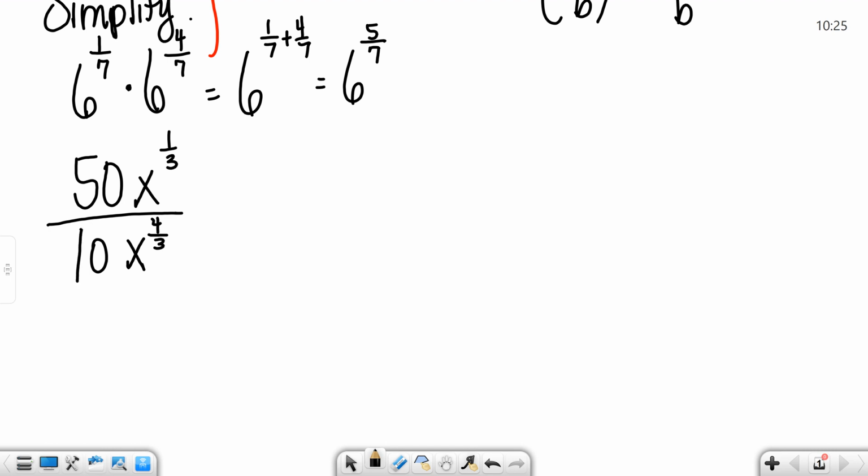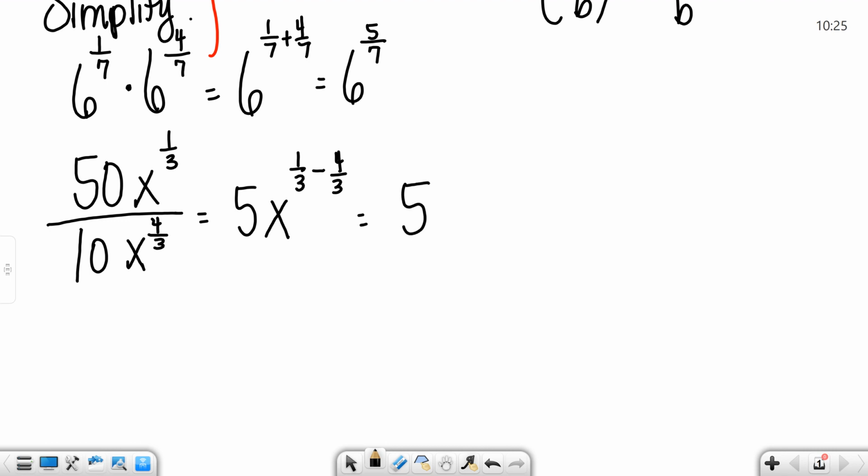Okay, so 50x to the 1/3 divided by 10x to the 4/3. Well, we would do 50 divided by 10 and we get 5. Now when we're dividing, we use the second rule of the reminder up there. We subtract the exponents, top exponent minus bottom exponent.